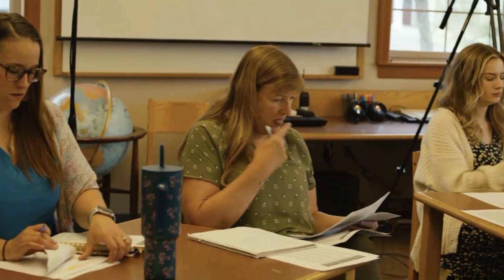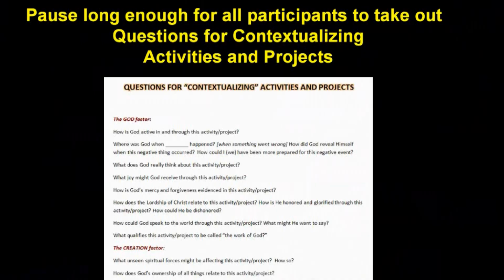Now, take out this one, questions for contextualizing activities. Now, this is different than contextualizing ideas or concepts. The differences are subtle sometimes, but there is a difference. Questions for contextualizing activities.